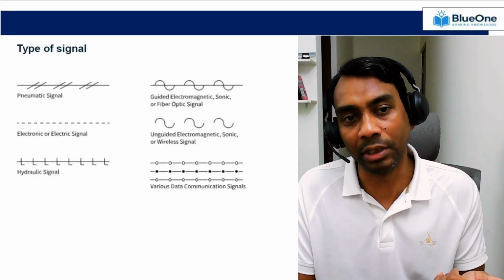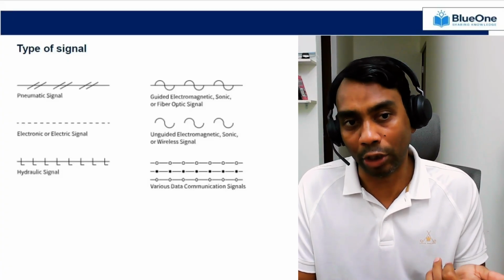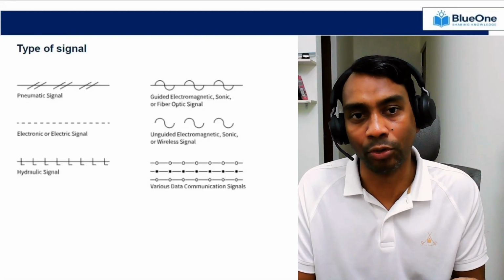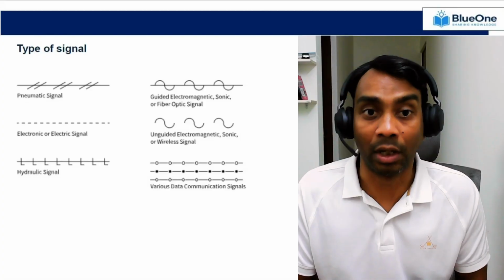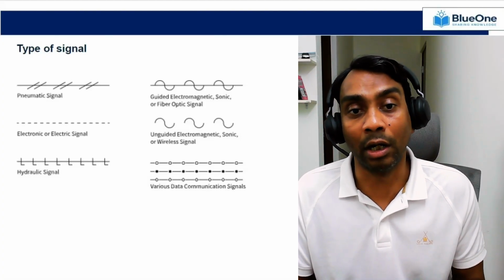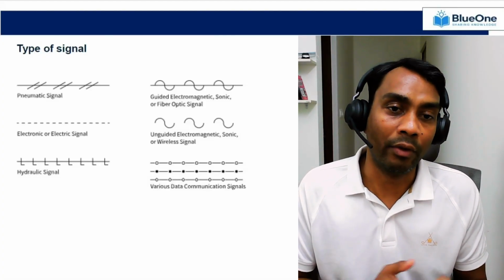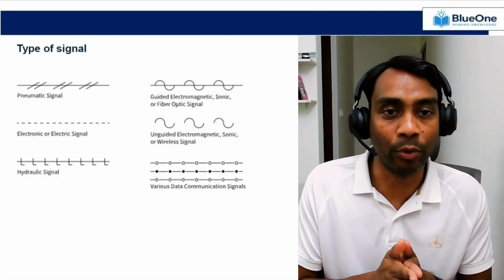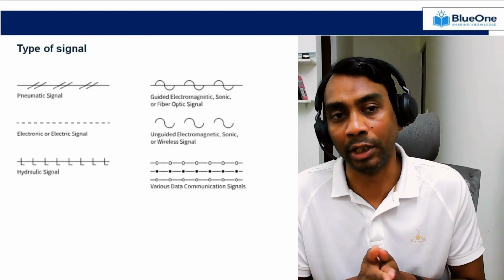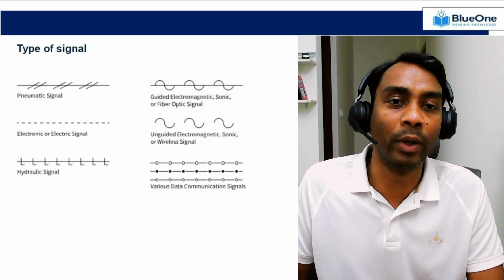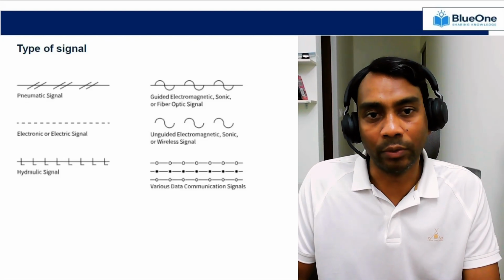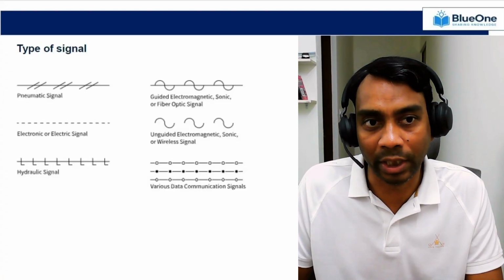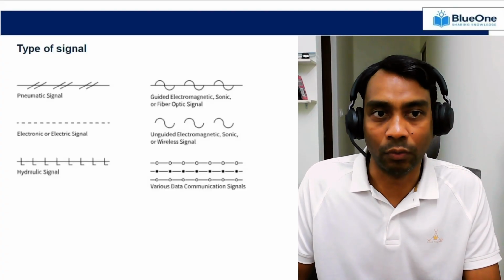You will have pneumatic signals, you will have electrical or electronic signals, you will have hydraulic signals, you may have electromagnetic or sonic or fiber optic signals, guided and in the same way unguided, and then you have various data communications flowing here and there in the instrumentation. These are very helpful lines which we need to remember. Whenever we are interpreting any particular P&ID, this is going to be very helpful for us.